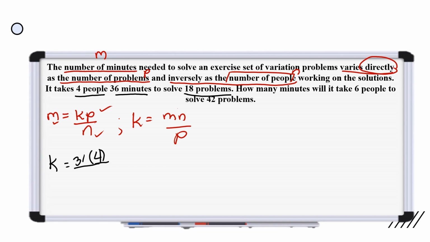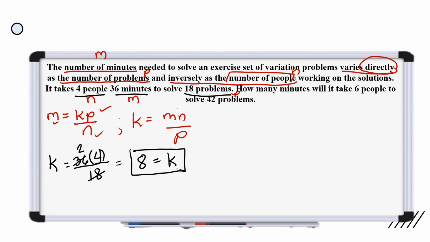Yung 36 is yung M. Yung 4 people is N. 36 minutes is M. Then, yung problems ay yung ating P. So, over 18. So, pwede natin divide. 36 divided by 18 ay 2. 2 times 4 ay 8. The value of constant ay 8.